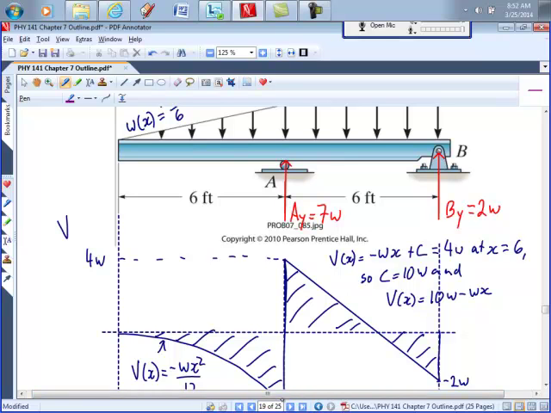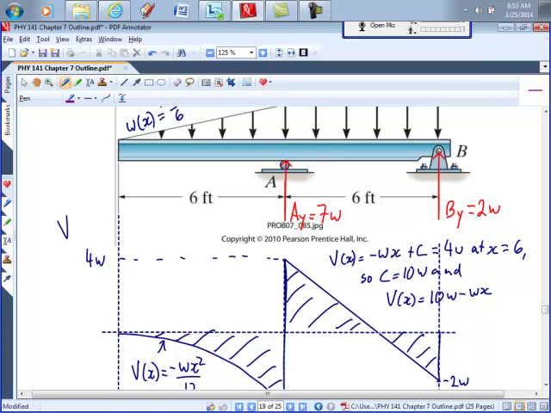Its slope is going to change, though, for sure, because this represents the slope of the moment diagram. So it goes from here, where it's a negative slope, to here, where it's a positive slope. So it's a positive slope that's decreasing until this point. At this point, the slope of my moment diagram is 0.